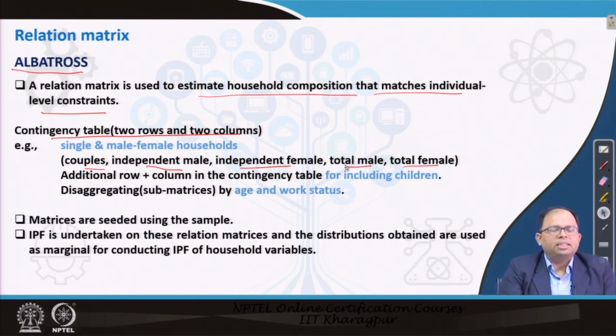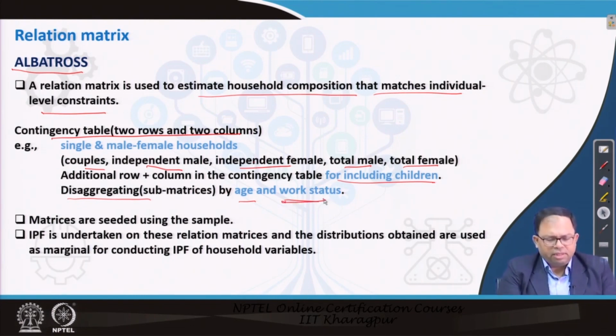Now, we can add another row and column to this contingency table for including children for each of these categories. And then we can also disaggregate this by age and work status of the head of the household. So, we can keep on increasing the size of the contingency table by disaggregating it as well.